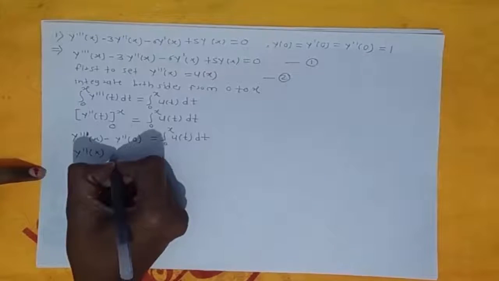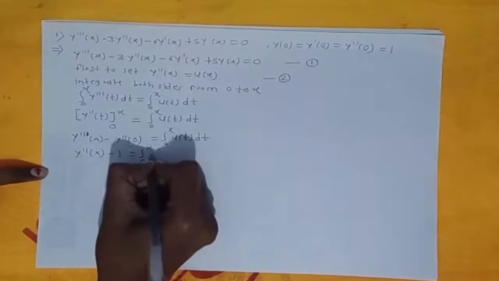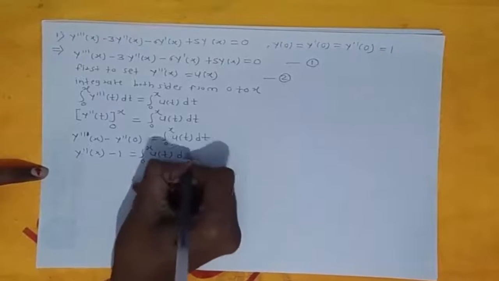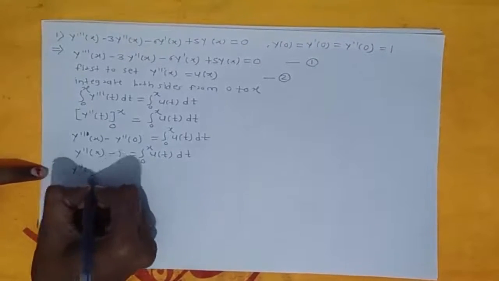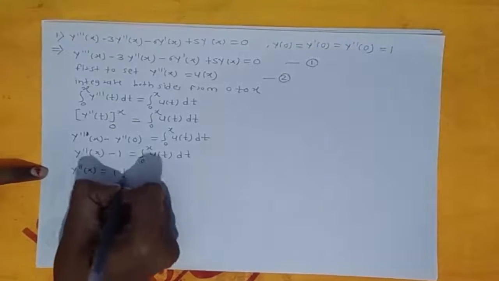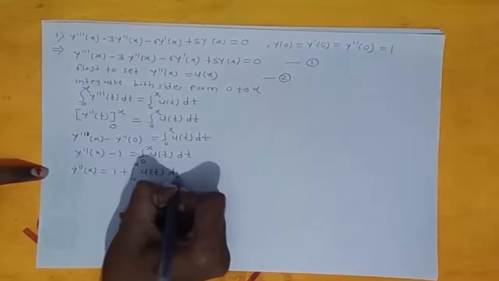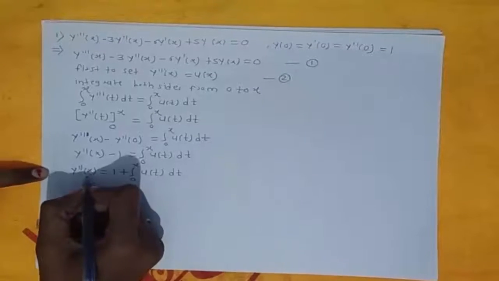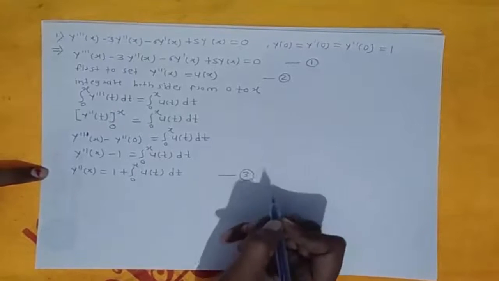We put this initial condition here. We get y double dash of x minus 1 is equal to integration from 0 to x u of t dt. Then we shift this minus 1 to this side. We get y double dash of x is equal to 1 plus integration from 0 to x u of t dt. This is the y double dash of x. Take it as equation number 3.